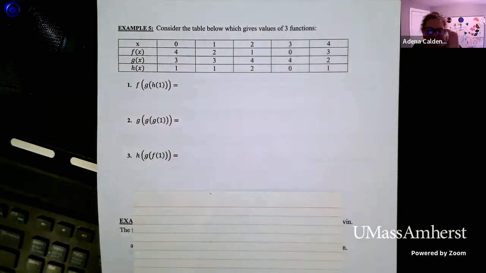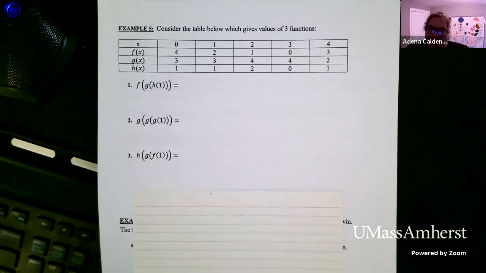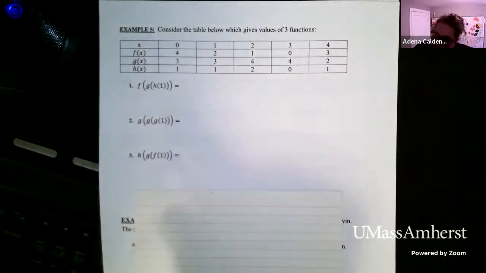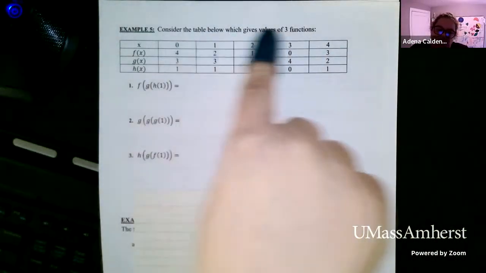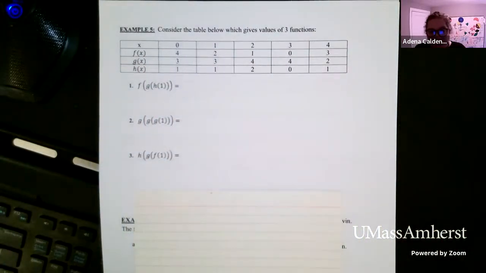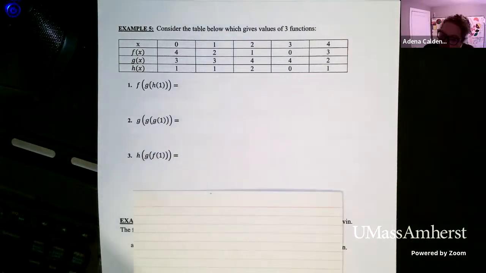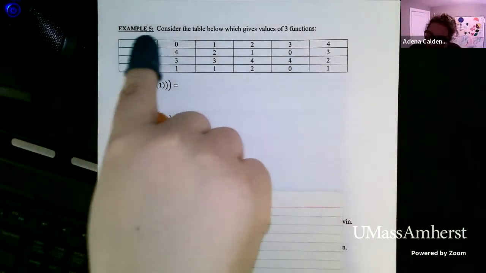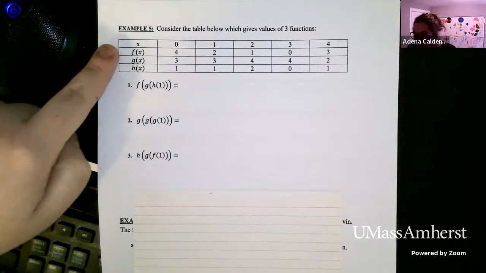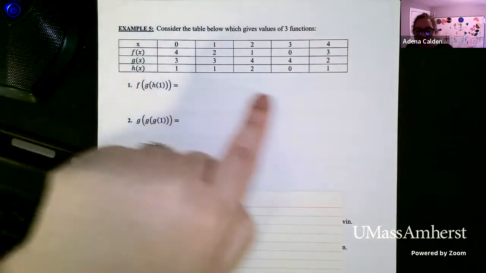Okay, so as we thought about back in section 1.1, we talked about tables and how the independent value is the first line and the dependent value is the second line. Now this table has 4 lines, and so I want to point out that the way this is set up is that the independent value goes across the top, and then the dependent value for each function is listed across.